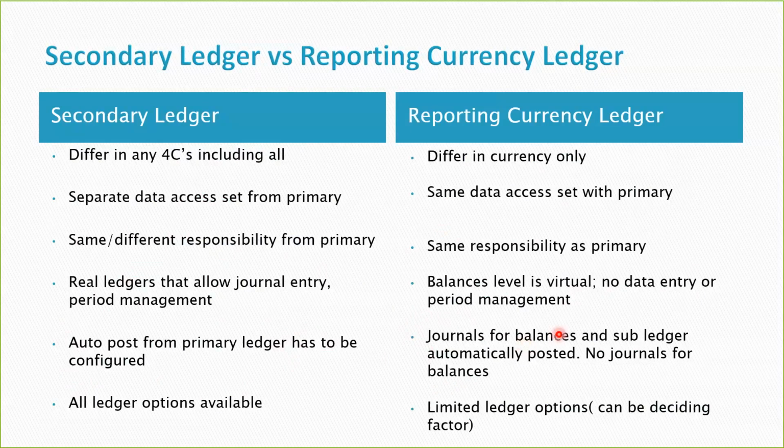This should say journals level and sub-ledger level reporting currency ledgers. For the journals level, once you post the journal in your primary ledger, it is automatically replicated and converted, of course, into the reporting currency and posted in that journals level reporting currency ledger. Same for the sub-ledger level, the create accounting or posting program will replicate the journal in the reporting currency and post that journal in the reporting currency ledger. If we want that to happen in our secondary ledger, it's something that we have to manually configure.